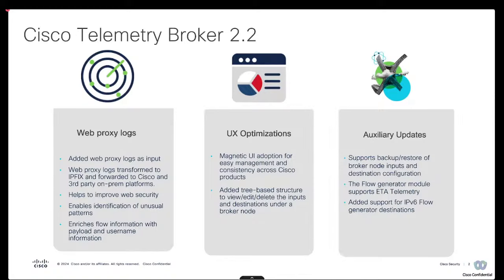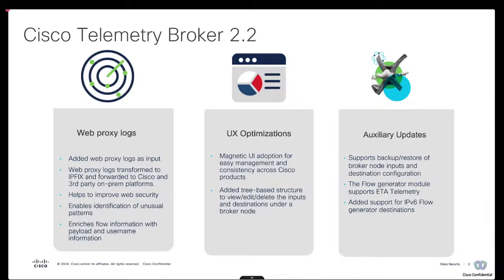We have added a number of additional features and improvements on top of that. We call them normal, but they are outstanding improvements in terms of performance. We have also enhanced the capability of doing backup and restore of broker nodes.